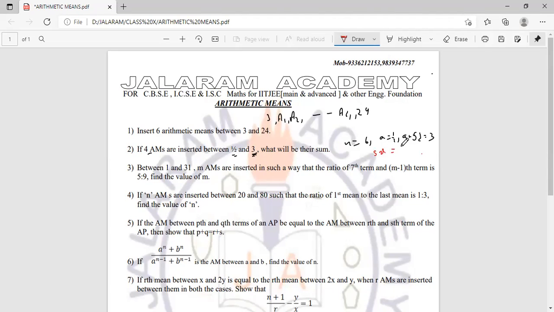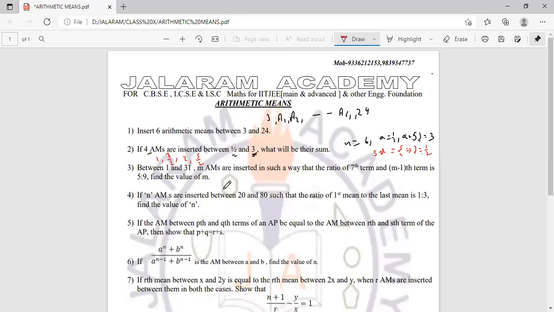So 5D equals 5 by 2 and D will be half. Means the next terms, A1 equals half plus half, 1, then 3 by 2, then 2, and next is 5 by 2. These are the 4 arithmetic means. Hope you have obtained the same answers.